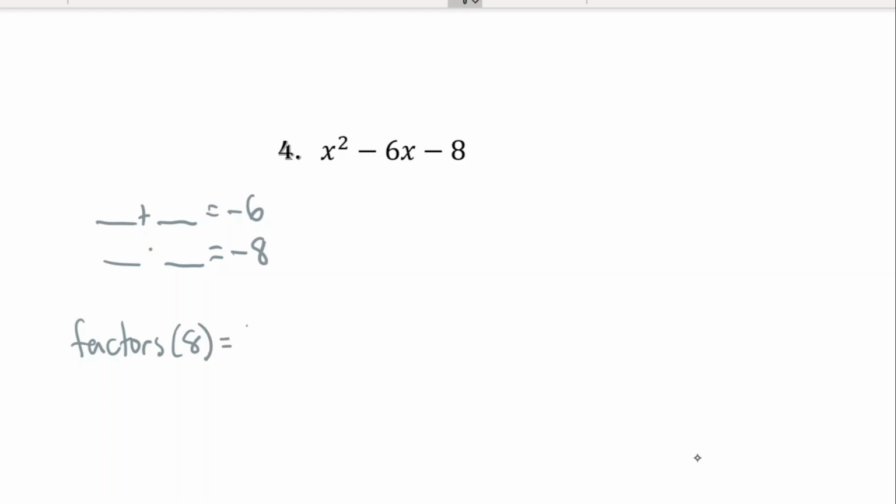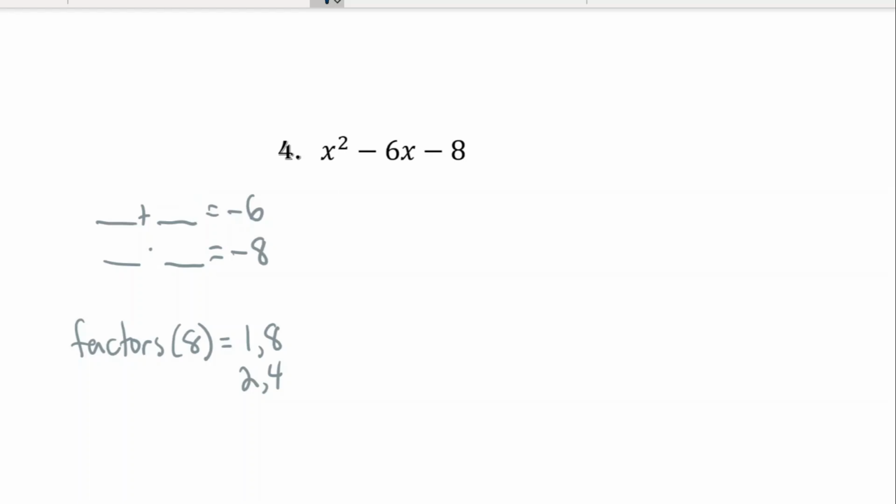We've got 1, 8, 2 times 4 is 8. That's all we got. Well, you can imagine that maybe negative 2 minus 4 gives us negative 6, but unfortunately negative 2 times negative 4 equals positive 8. So it doesn't work. Will something else work?